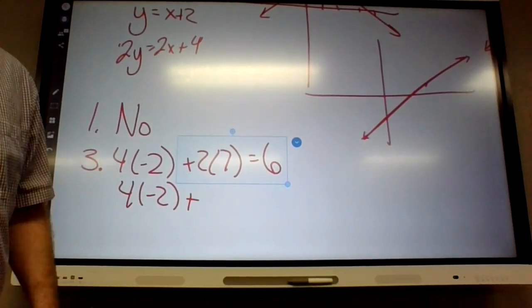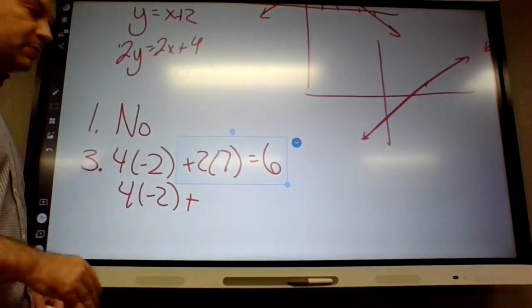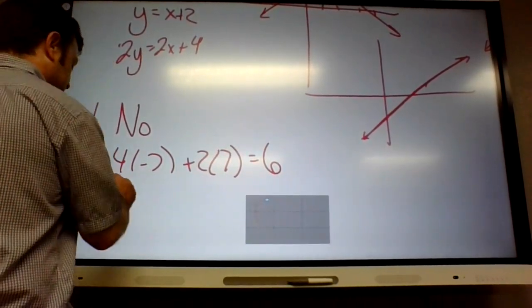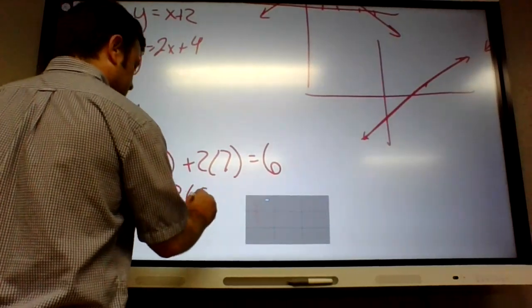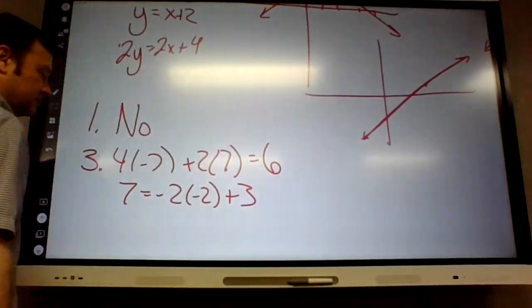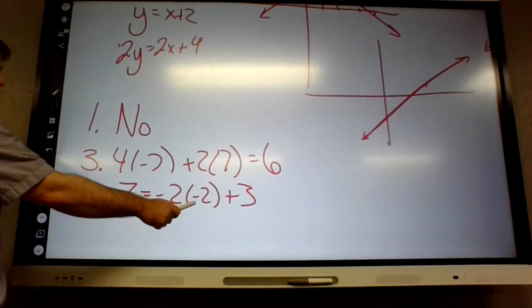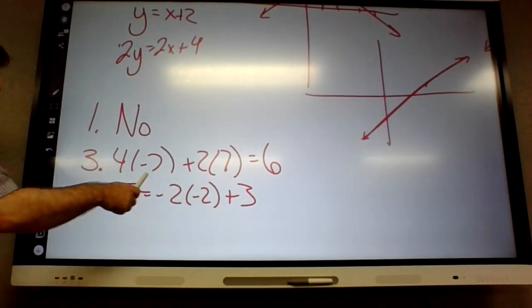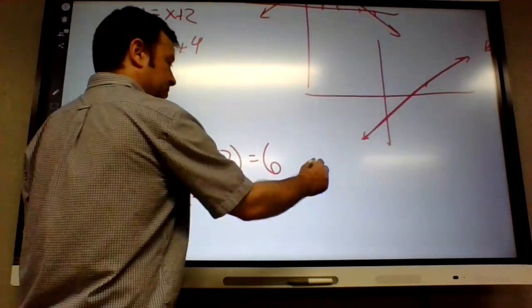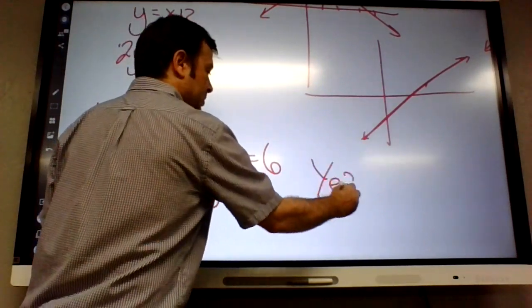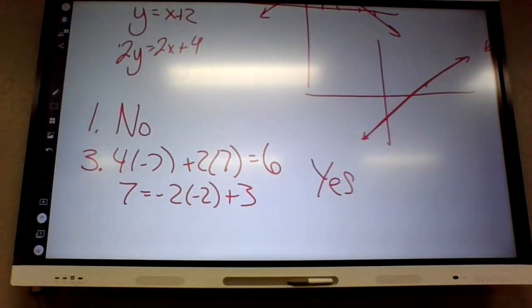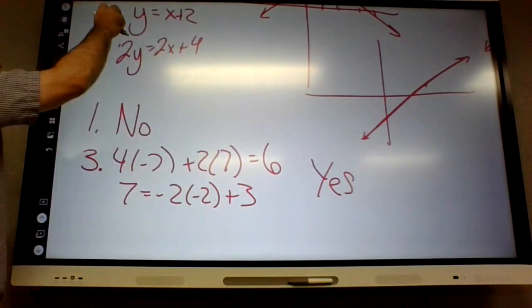Does 7 equal negative 2 times negative 2 plus 3? Negative 2 times negative 2 is 4, plus 3 is 7. So yes, it works in both of them. So yes, that is a common solution. Alright, then we need to go to the graph paper.